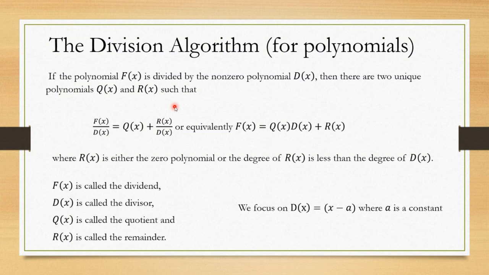Namely, if you have a polynomial, capital F of x, and you're dividing it by a non-zero polynomial, D of x, you'll get two unique polynomials, Q and R, so that capital F, the dividend as we call it, divided by capital D, the divisor, is going to equal Q, the quotient, plus R of x over D of x. R of x is the remainder.